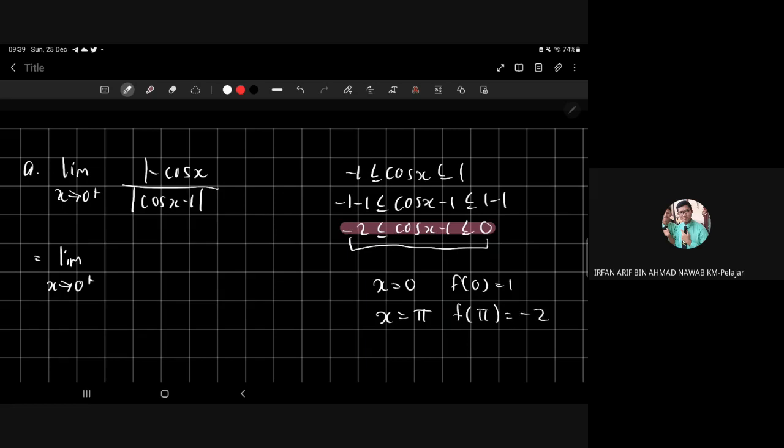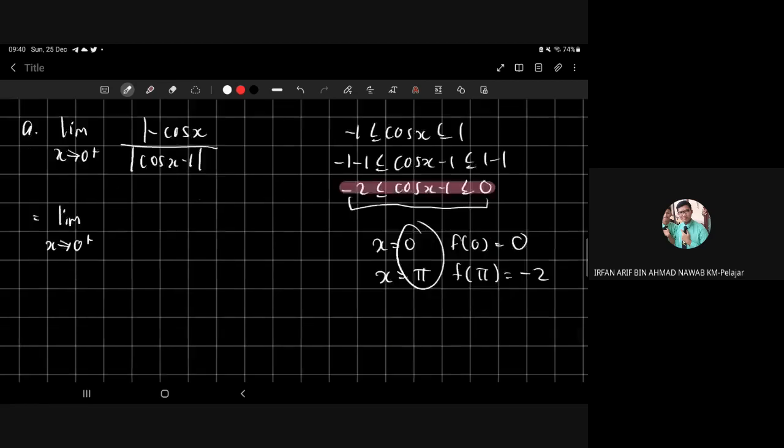But I want to know when the value will be 0. Sorry, this is 0. So these are the values of x that we'll be dealing with. But I will not be writing plus 2 pi k. That is generally speaking. But I will be focusing on these 2 points.